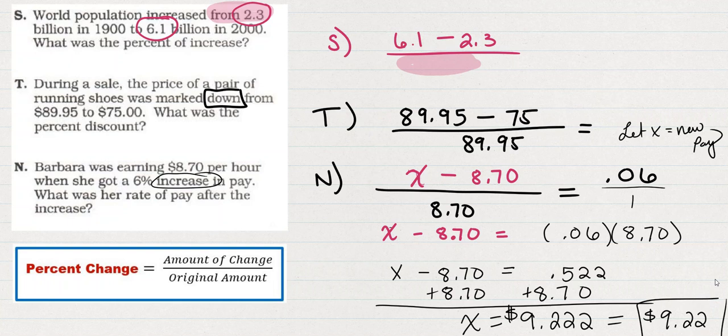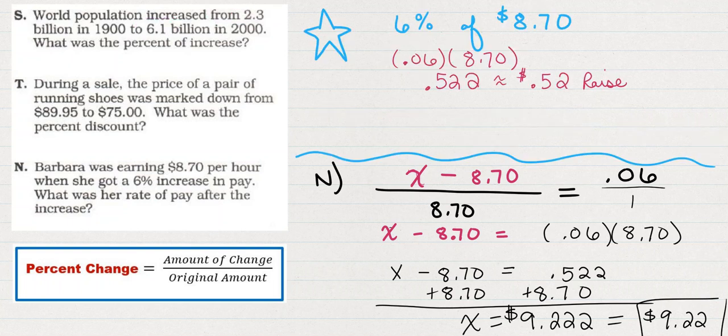Let me show you another approach, not using the percent change, but using what we've done in some previous examples. 6% of the $8.70. If I want to calculate how much of a raise she got, 6% of 8.70, 0.06 times 8.70, gives me 0.522.